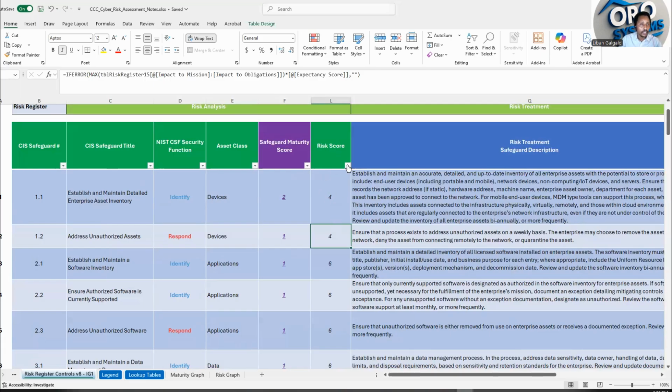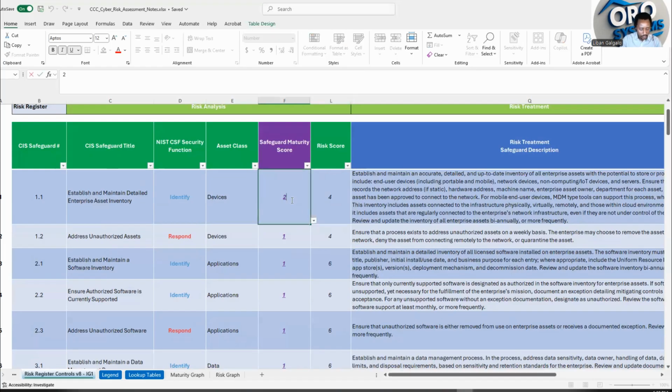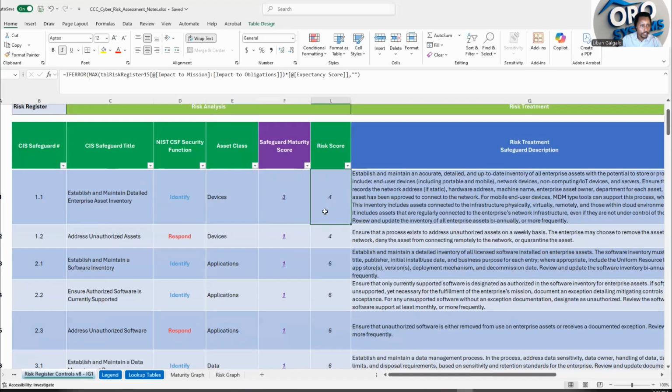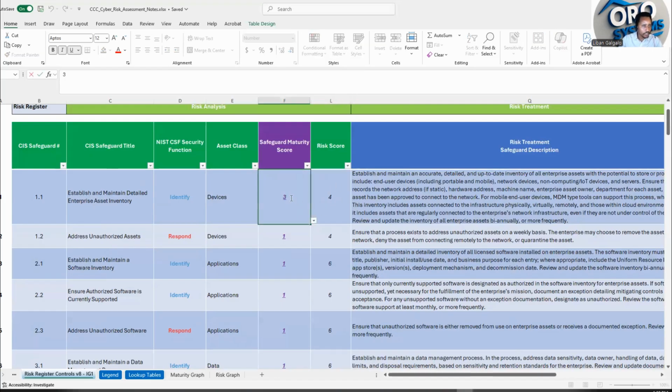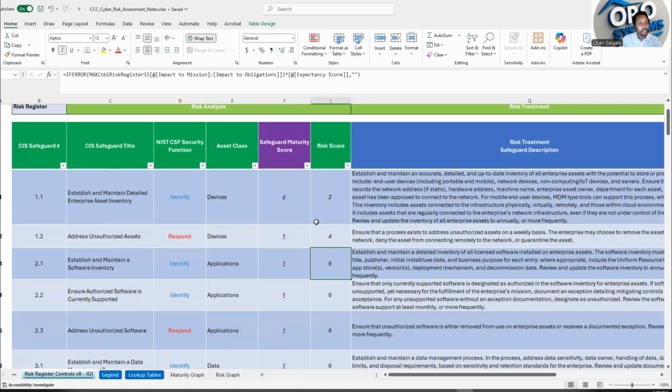We are not going to calculate the risk score; it is calculated automatically. If we change this to 3, the risk score is still not changing. What about when we say 4? No, it goes down. As the safeguard maturity score goes up, the risk score goes down. That's how the company knows if they are doing well with one control: their risk goes down and their safeguard maturity goes up.